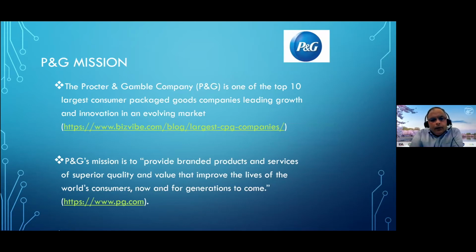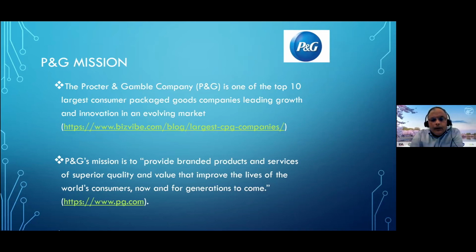I'll start with the P&G mission. You probably know that P&G is one of the top 10 largest consumer packaged goods companies in the world. There is a big R&D department, and one of the main responsibilities is to innovate and develop new products across different categories.